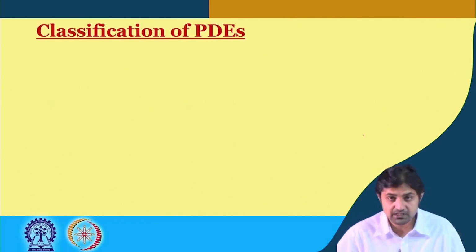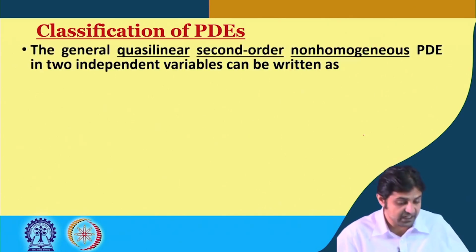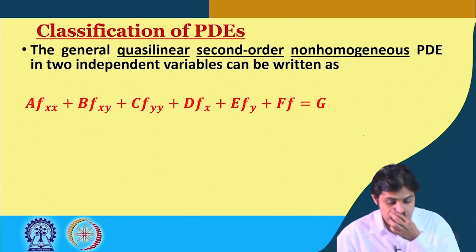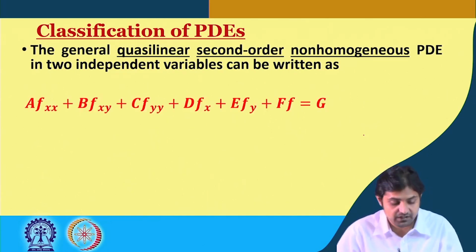So, taking a slight detour, because it's important that we try to remember what the classification of partial differential equations looks like. A general quasi-linear second order non-homogeneous partial differential equation in two independent variables can be written as a f_xx plus b f_xy plus c f_yy plus d f_x plus e f_y plus f times f equals g.